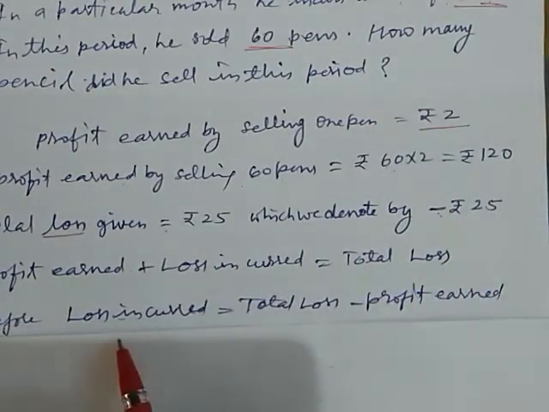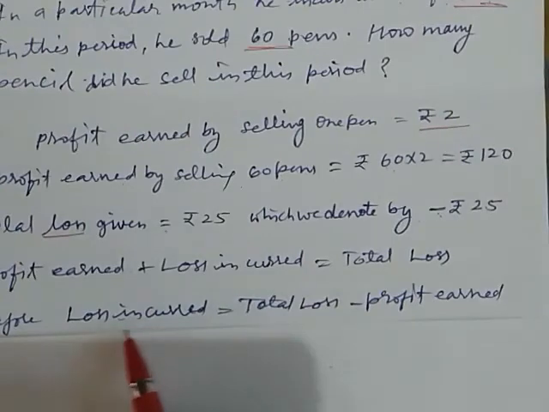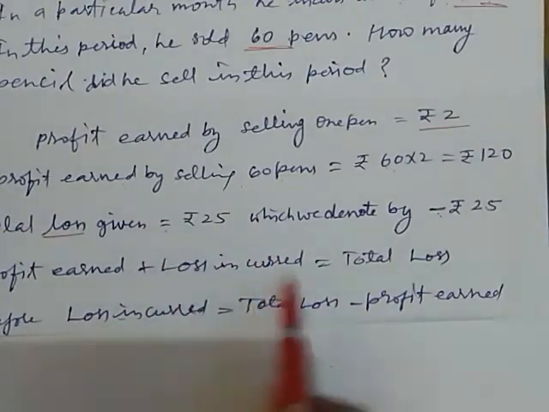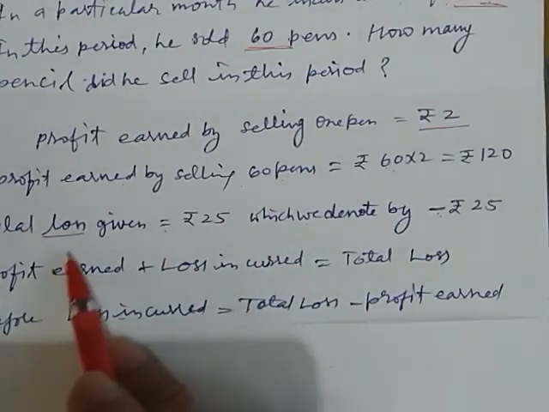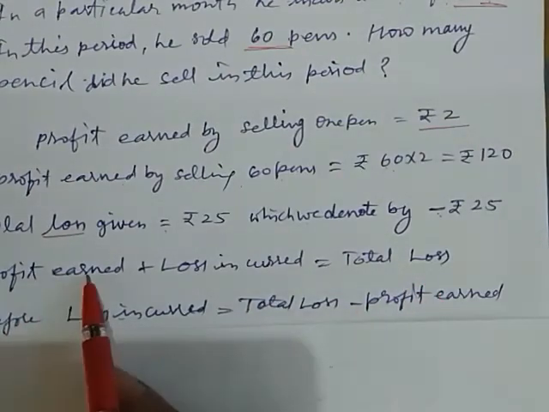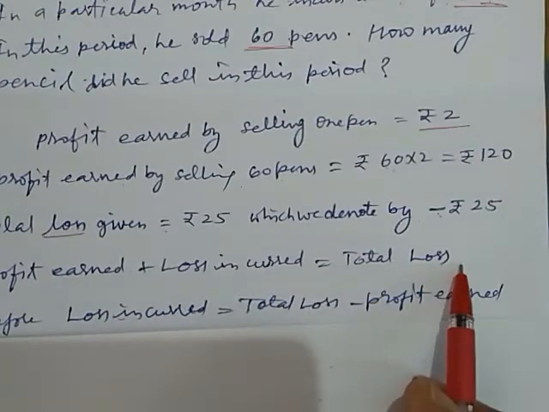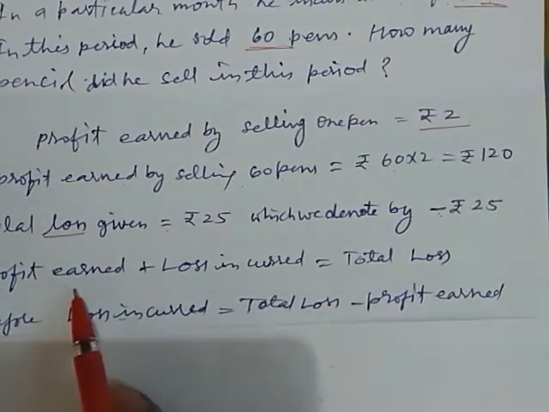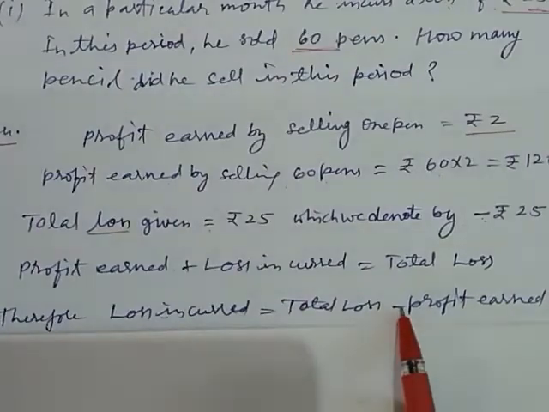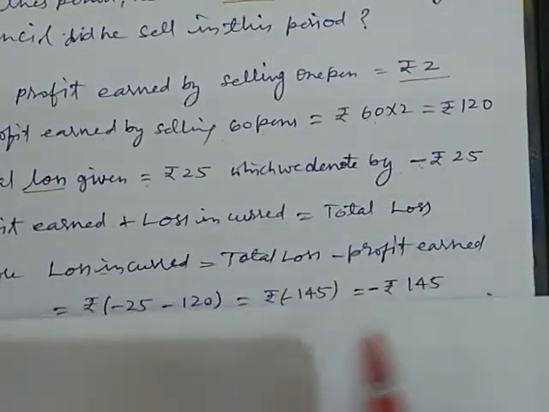By this equation we find the loss incurred. Send the profit earned toward the right side. What happens? When transposing toward the right hand side, the sign is changed. Here profit earned is positive, and there it becomes negative. So total loss minus profit earned.